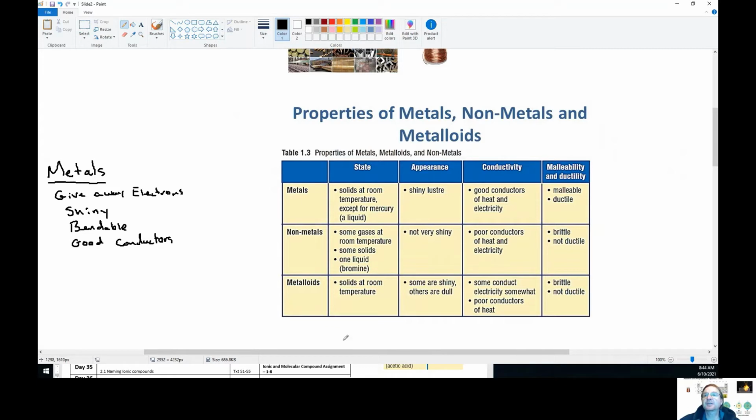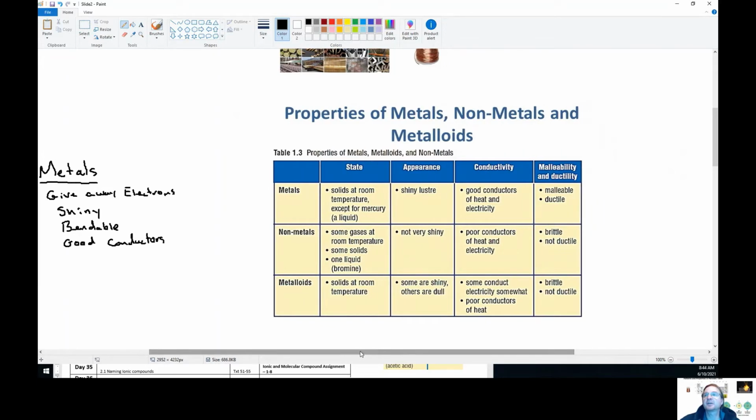Okay, on the other side of that, the opposite of metals are non-metals. So non-metals take electrons. Again, write it down with me here. Think about it. It's those valence electrons.